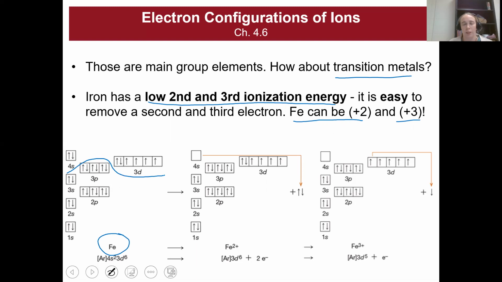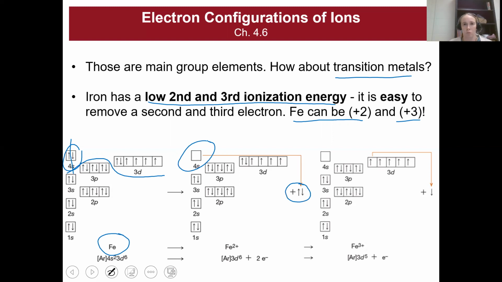Wherever you are on the d block, you are going to take away those s electrons first. So we take them off, and now we don't have that extra shell of electrons. Those two 4s electrons were further away from the nucleus than the rest of the n equals 3 shell, the 3s, 3p, and 3d electrons. So now we don't have those anymore.